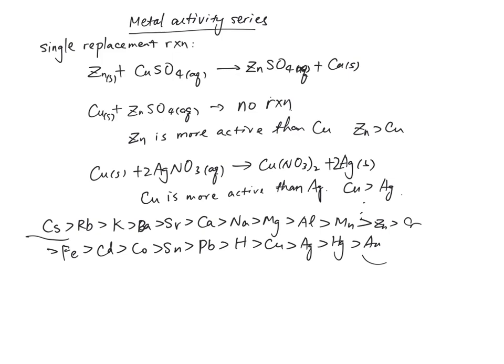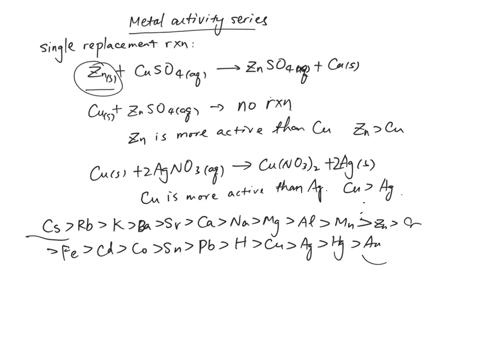Okay, now, there's another way to express this, besides calling it activity series. Because if you look at this, the free element metal that you put into a solution is reacting in a way that it loses electron, turns itself into a cation. Okay, losing electron means oxidation process. Oxidation process means reducing agent.